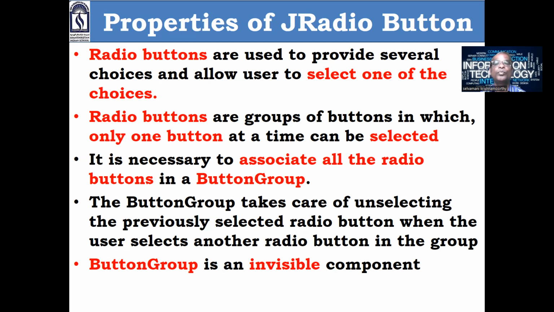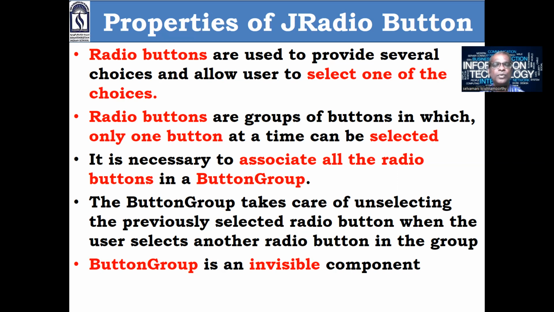Radio buttons are a group of buttons, that is more than one button, in which only one radio button at a time can be selected. So male is one radio button, female is another radio button. Out of these two, you can select any one at a time.